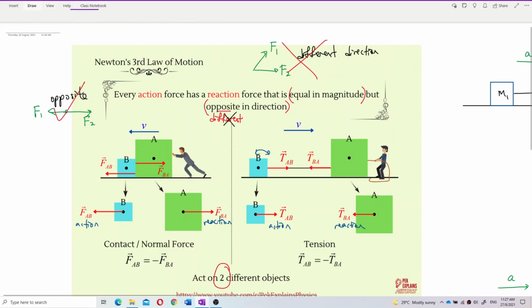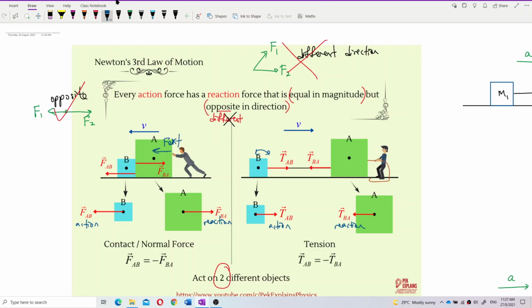The actual free body diagram has other forces too, even friction on the floor, and normal forces and weights. But we're not going into details because I just want to focus on the contact force. I just want to rub off all the other forces and leave the contact force in between the blocks.